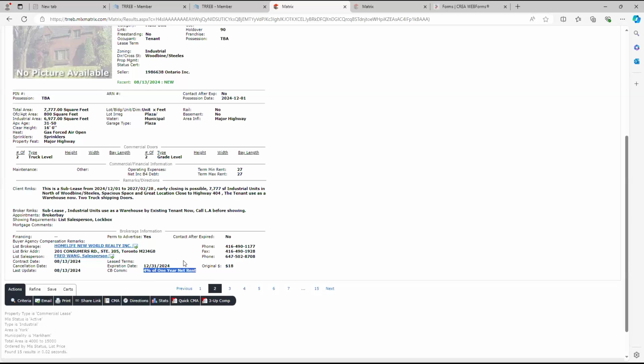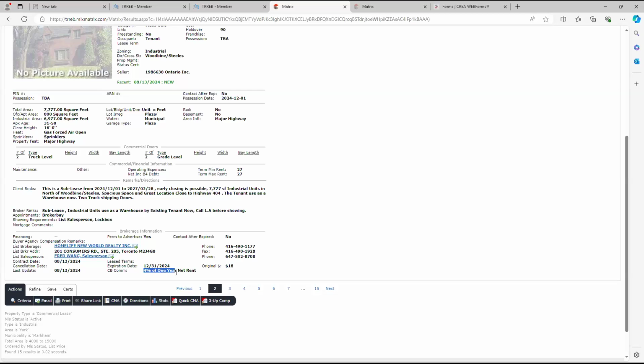You need to ask this agent: if I bring you a 5-year term, do I get 4% each year? One of our colleagues one time said "as per MLS," and originally he was looking for a 5-year term. If you say "as per MLS" in the commission, you will be in trouble.